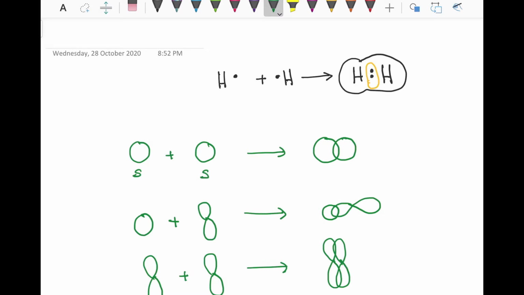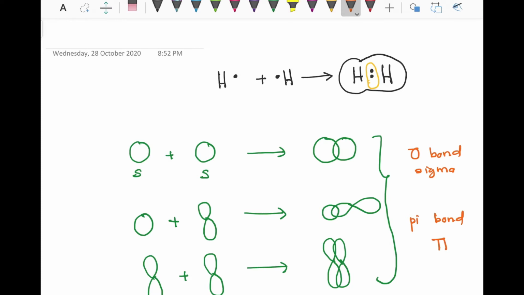There are two types of bond formed from the orbital overlapping. The first one we call a sigma bond, and this is the symbol. The second one is the pi bond, and this is the symbol. So what is the difference between these two?